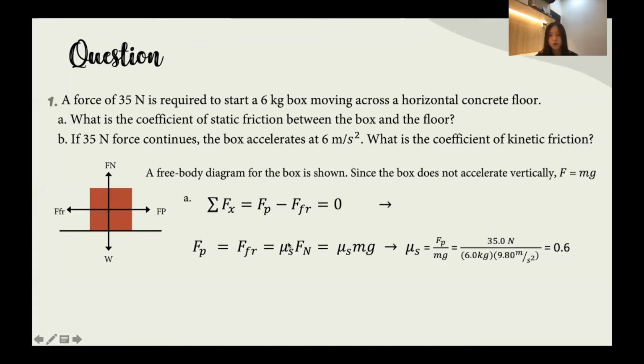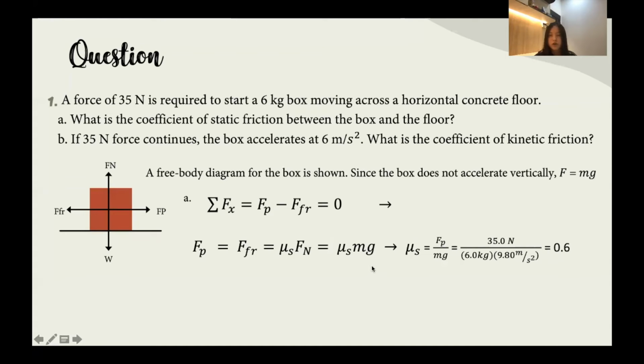As we said before, since the box does not accelerate vertically, the normal force is equal to mass times gravity. So the applied force is equal to the coefficient of static friction times mass times gravity.